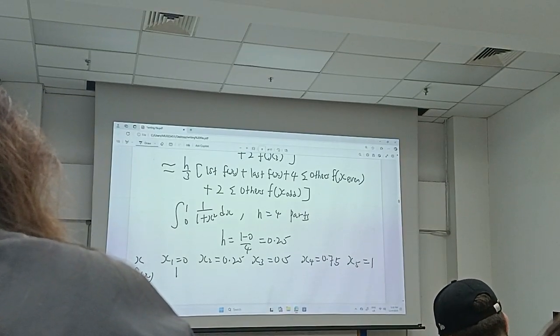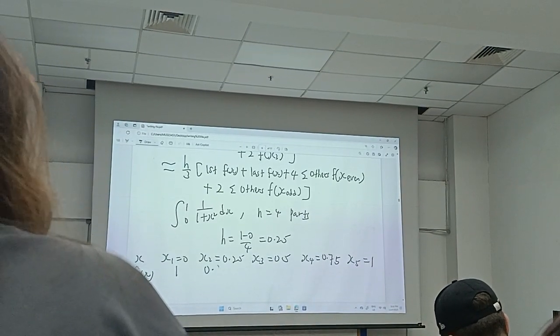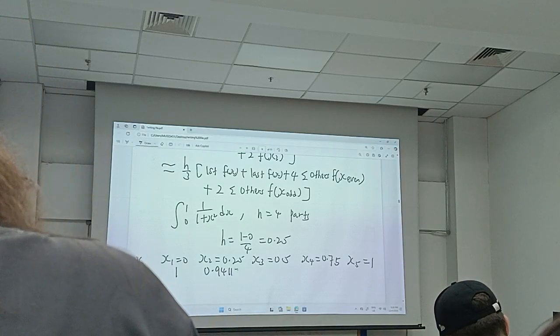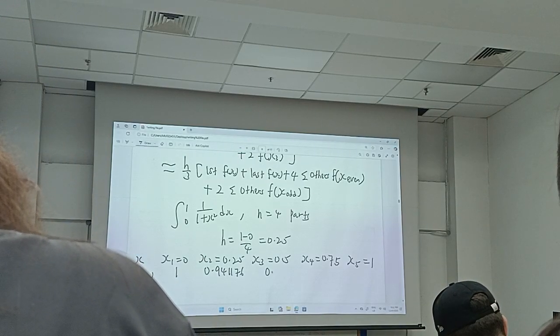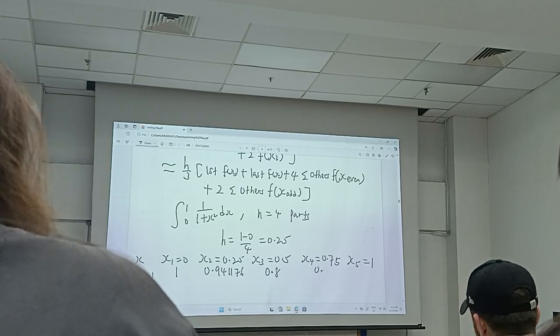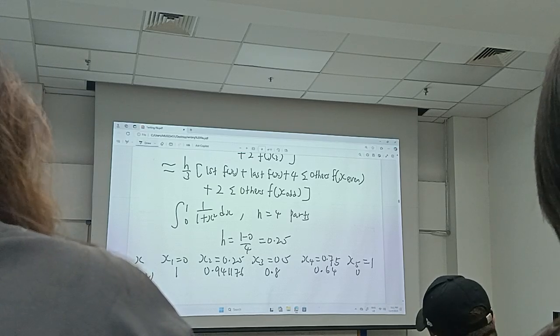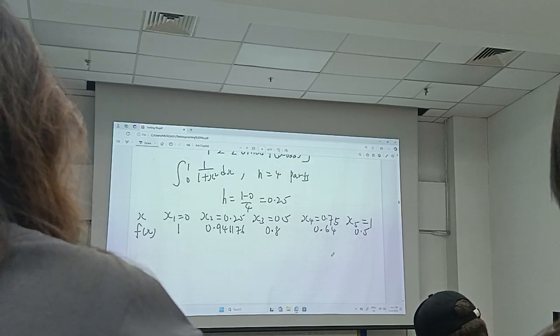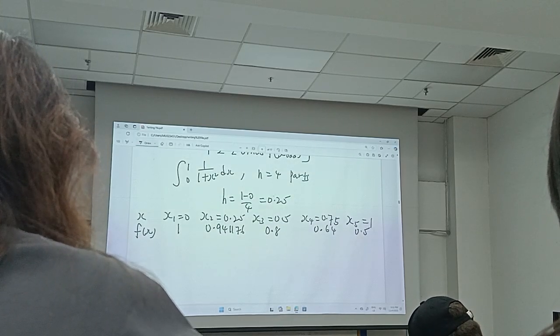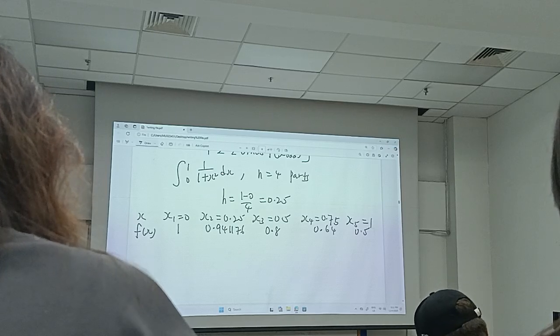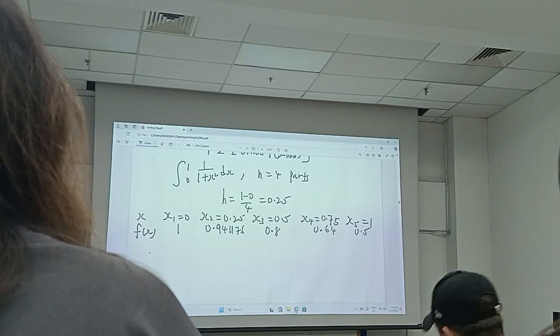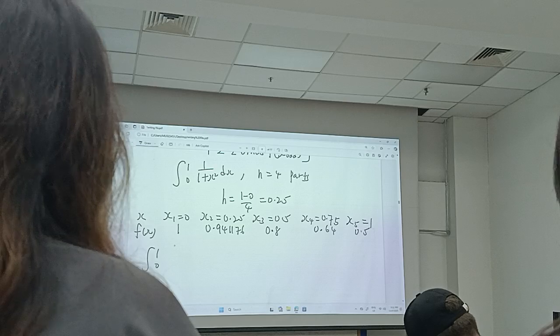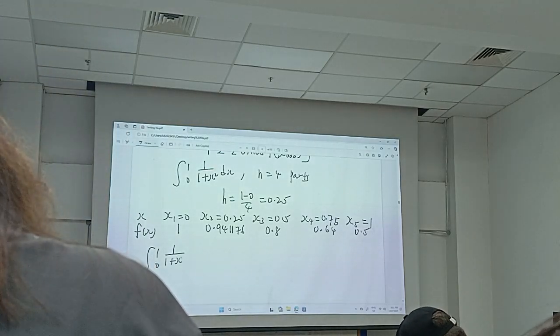So first one is 1, 0.941176, 0.8, 0.64, 0.5. Okay. So now we divide into 4 parts. So now we apply the Simpson's.